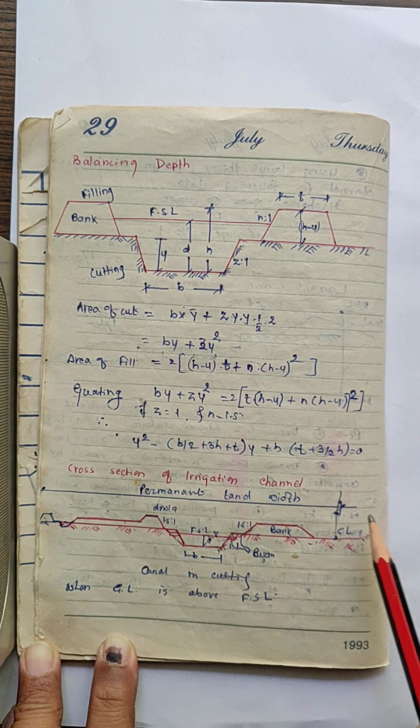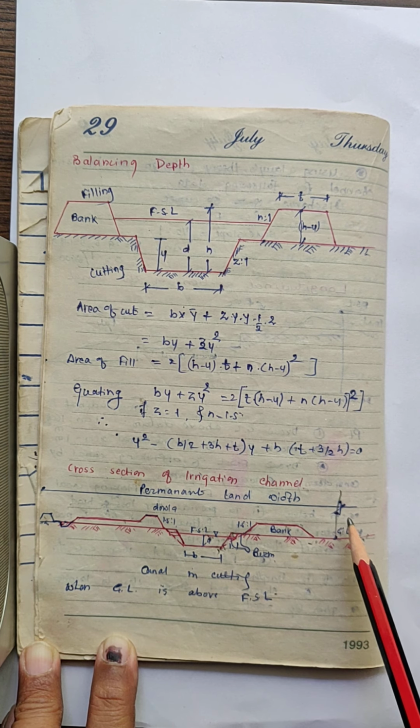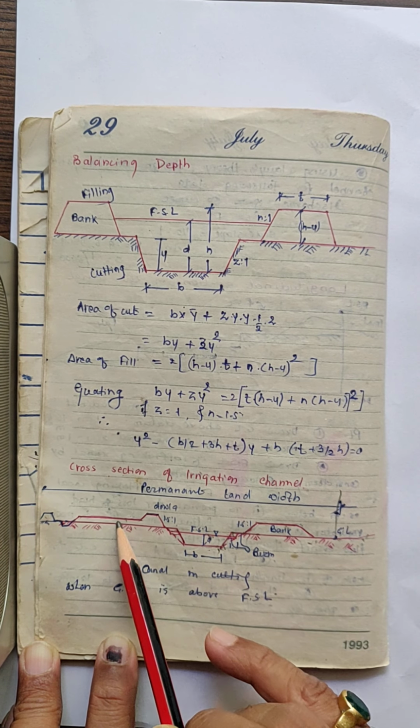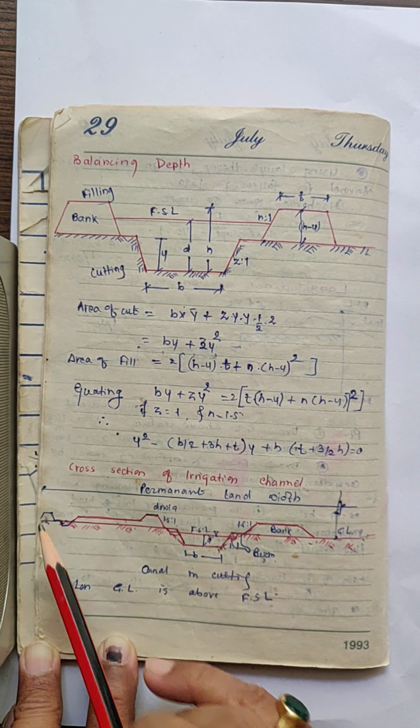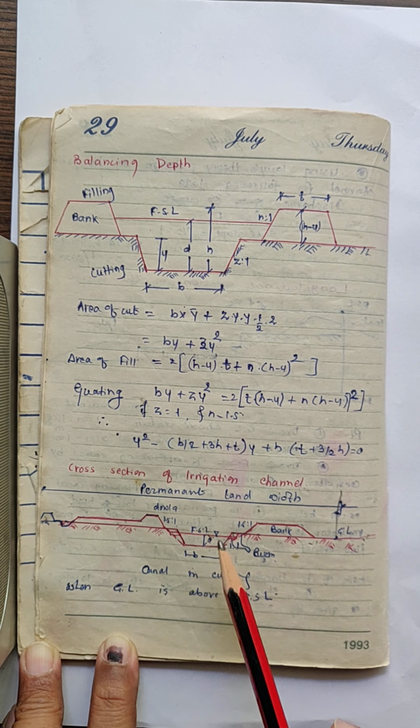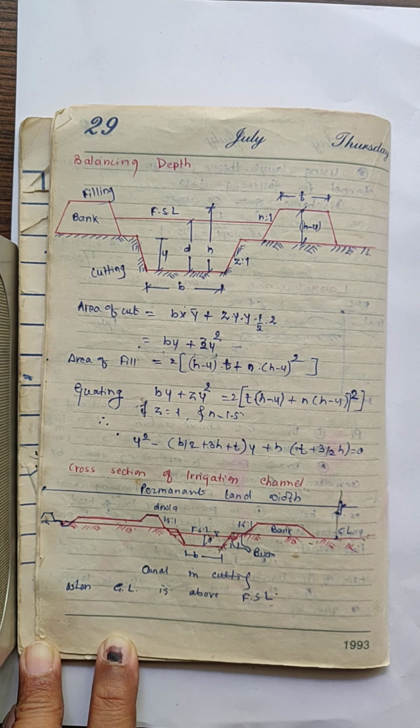Within this width there will be the canal section, banking, road, service road, drain and spoil bank. This total width is known as the permanent land width which we will have to acquire.